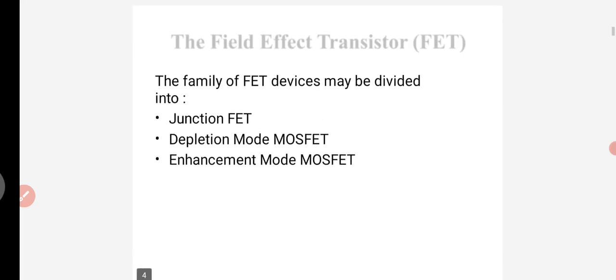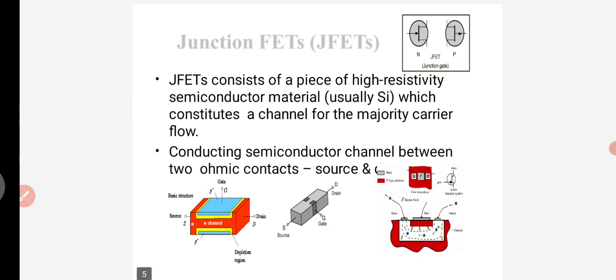First we are going to discuss the junction field effect transistors, simply known as JFETs. These JFETs consist of a piece of high resistivity semiconductor material, usually silicon, which constitutes a channel for a majority carrier flow.